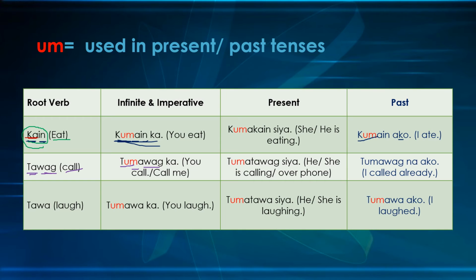We have here tumawag, but the first syllable, ta, is being copied, so there's now a double ta placed here. This is the root word tawag, and these are just the additional ta, so it's like tumatawag. Tumatawag siya. For the past tense, we have tumawag. The same, tumawag.